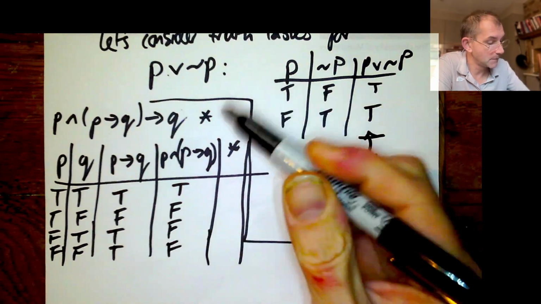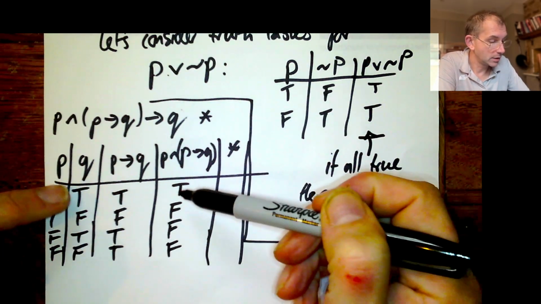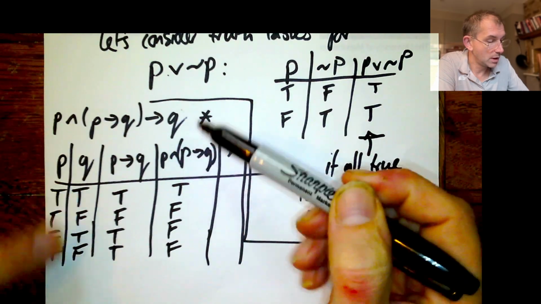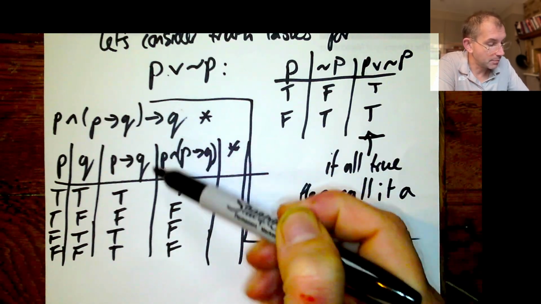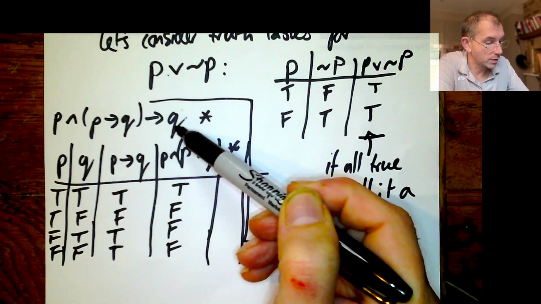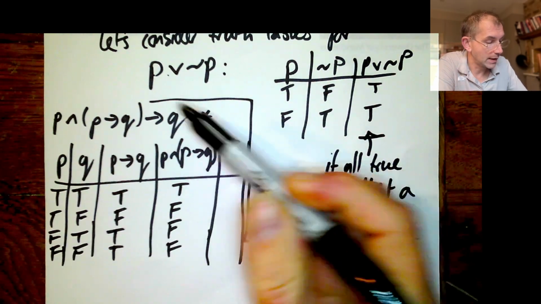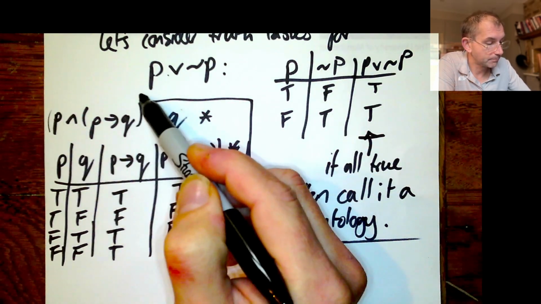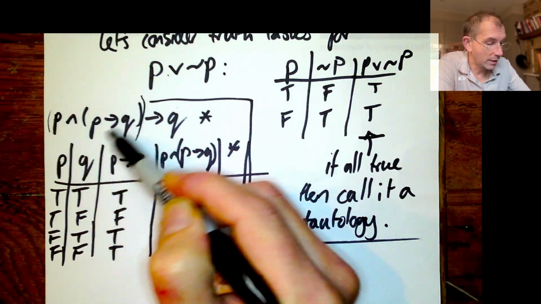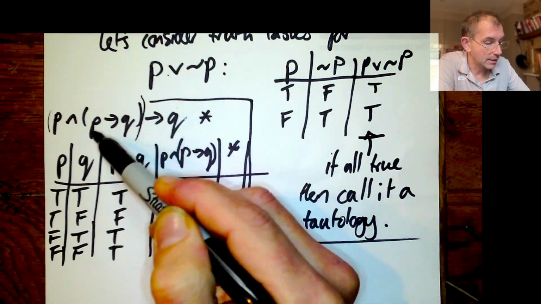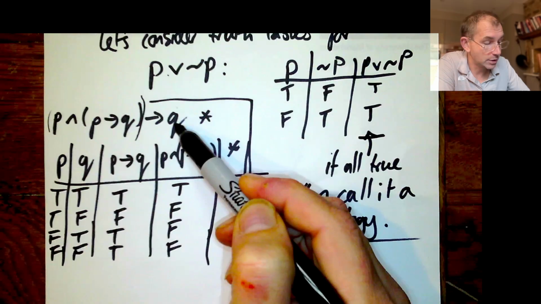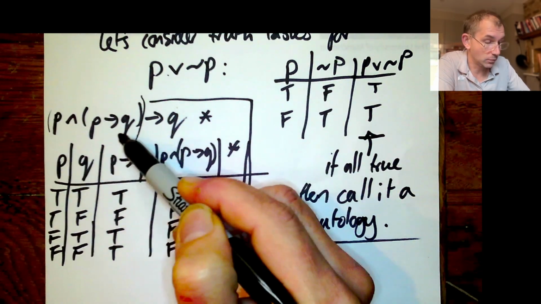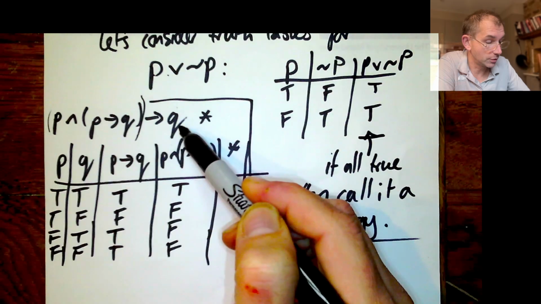Okay, now we need to look at this column and we want to take the implies of this column with Q. So again, whatever this is, and it implies Q, the only time that's wrong is when this is false, but this is true.